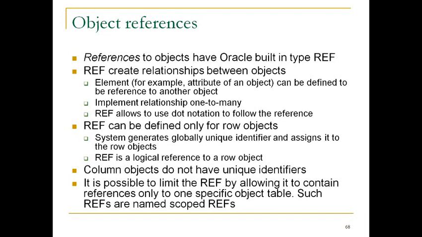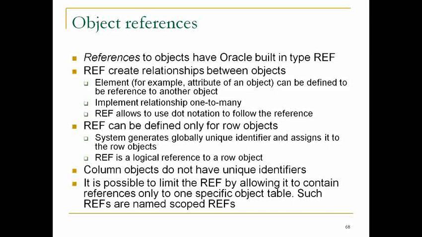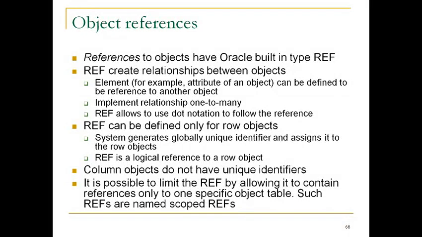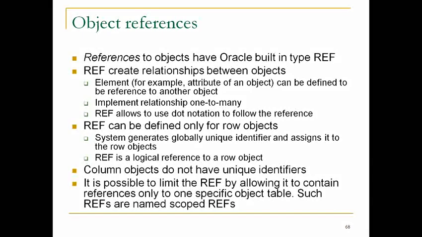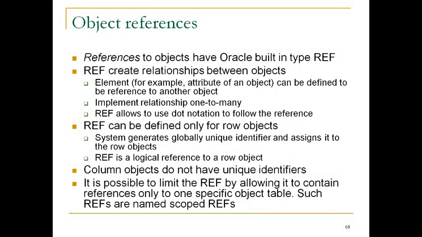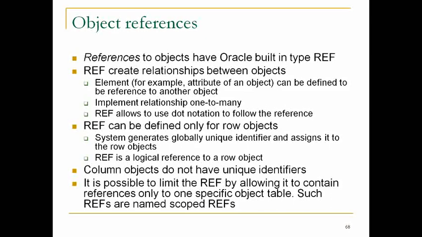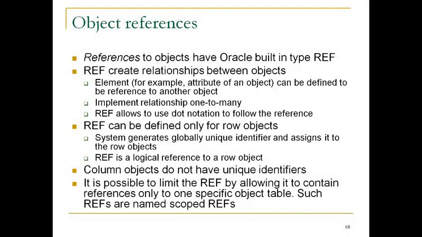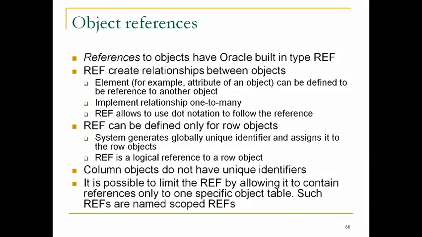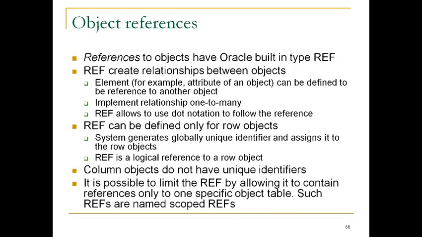And it allows you to create relationships between objects, in a similar way to how you did it in the relational databases. For example, any attribute of an object, any element actually, can be defined as a reference to another object. It actually implements such a relationship as one-to-many.